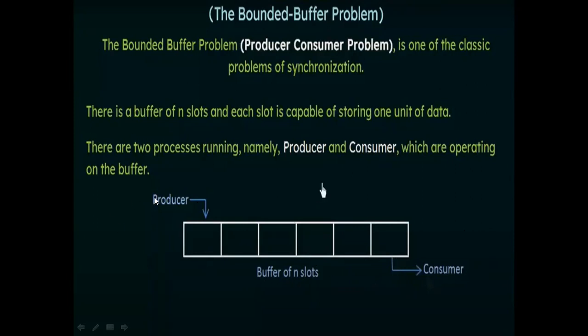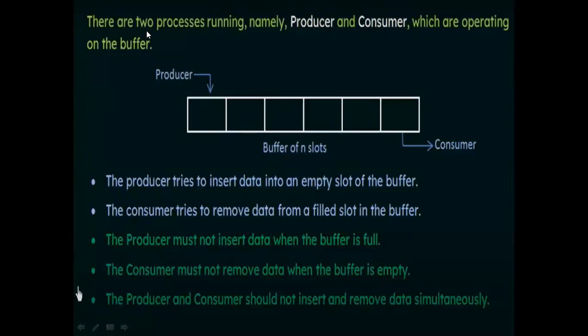So the buffer is a queue. The producer process tries to insert the data into an empty slot of the buffer. The consumer tries to remove the data from a filled slot in the buffer.